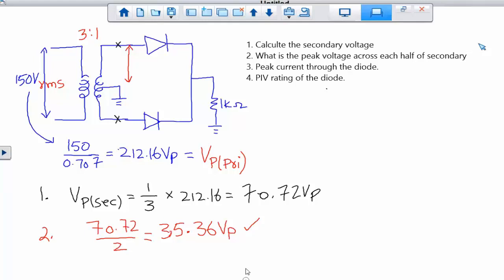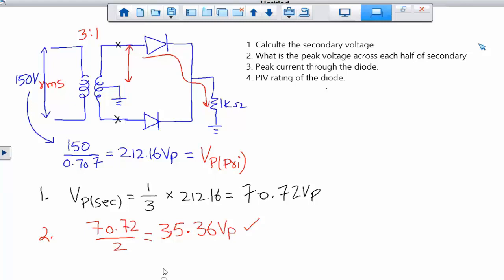But it's asking for the current through the diode, which is going to be the same, because when this diode starts conducting, this diode appears to be in series with the resistor. So the problem can be worded like this as well, rather than just asking, okay, what is the current flowing through the resistor?